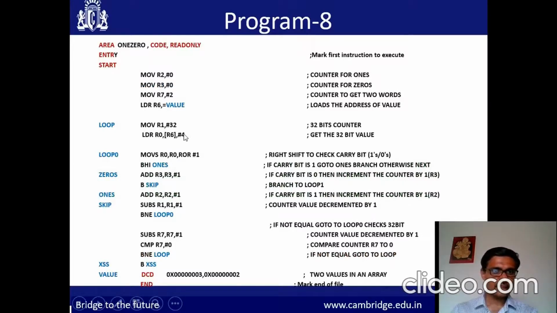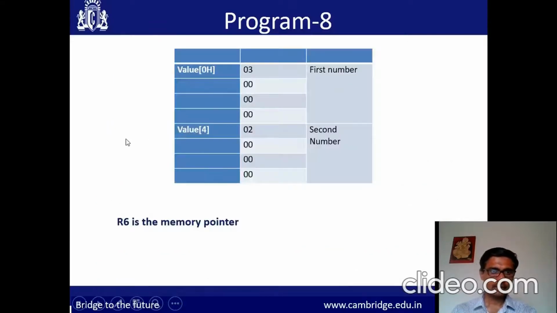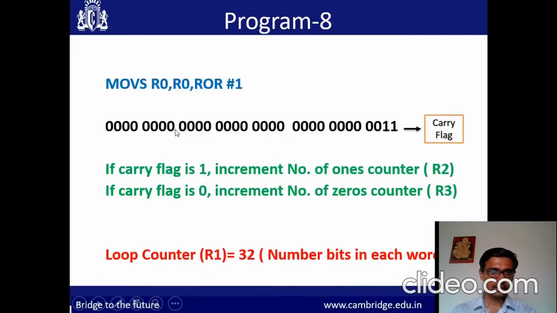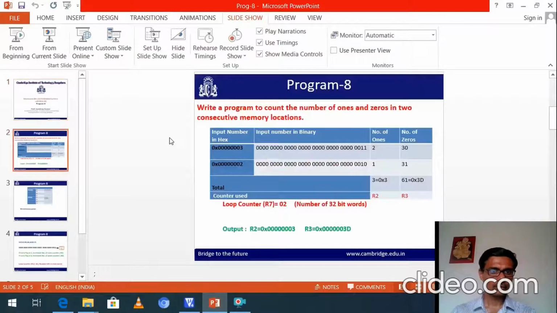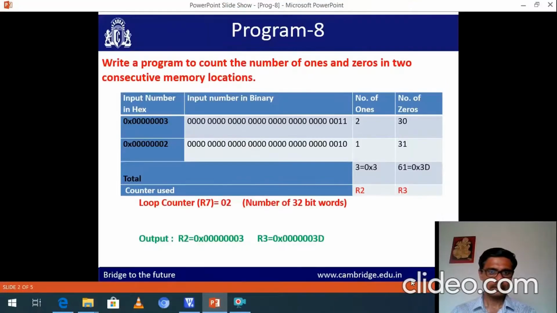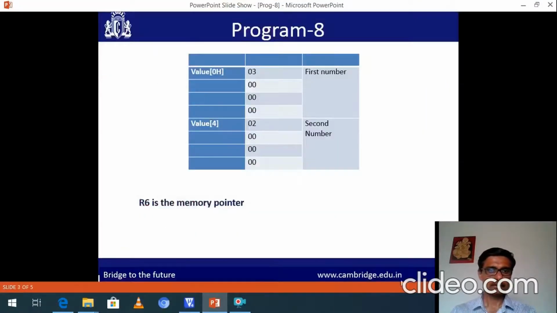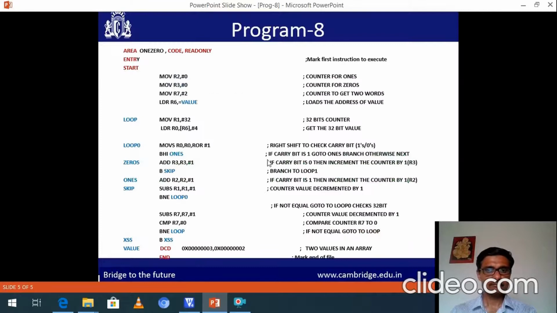After copying, you increment the pointer by 4. This is a post-increment here. Why 4? Because R6 should point to this memory location for the second number. So that is why you have to increment by 4.